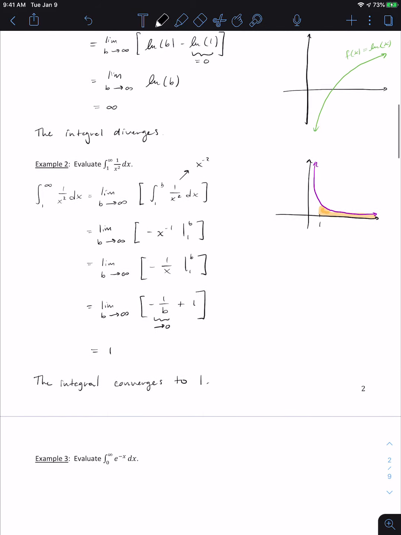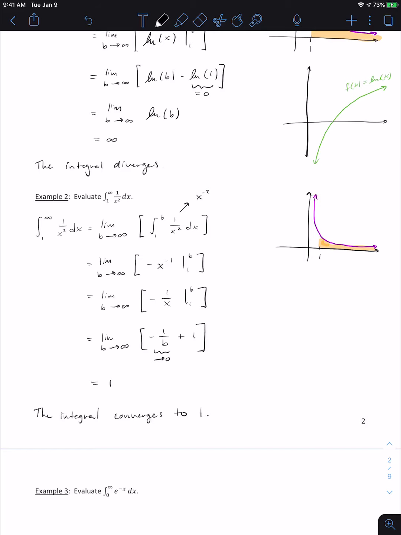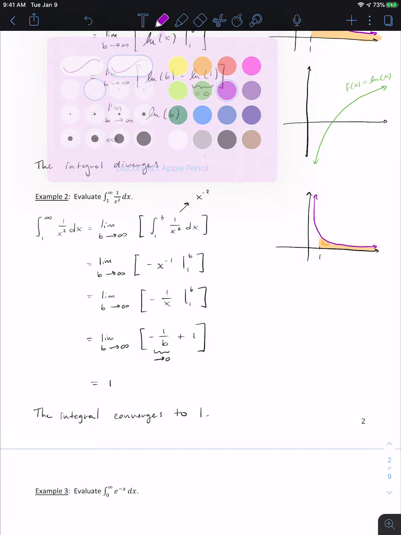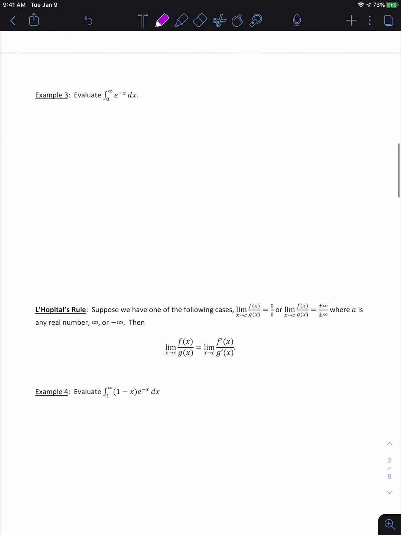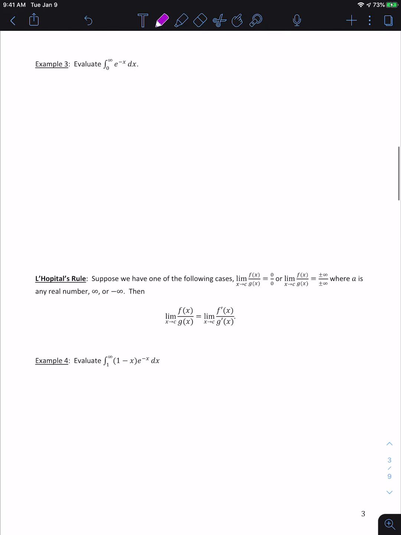So in fact, like I was saying before, the purple graph of f of x equals 1 over x squared does end up getting really, really tight to the x-axis to actually bound that area so that it's a finite area.